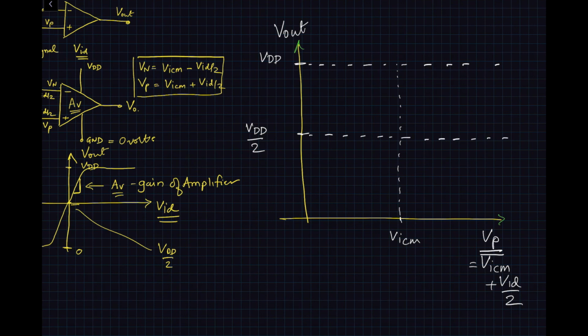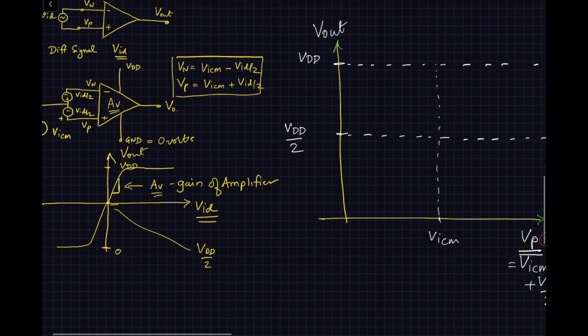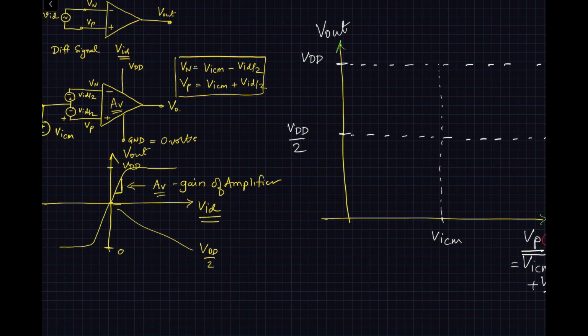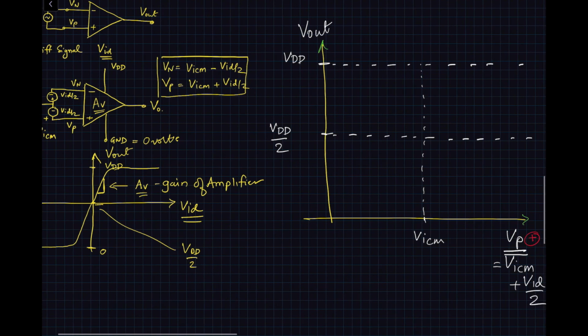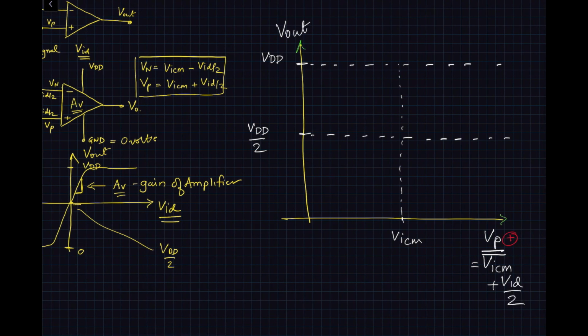Now when Vp goes positive, we expect the amplifier to amplify the voltage quickly. Anytime Vp goes positive compared to Vicm, we expect the amplifier to show a characteristic something like this.